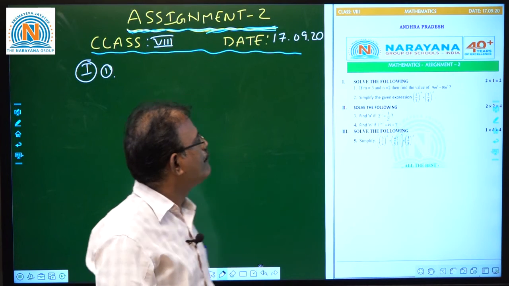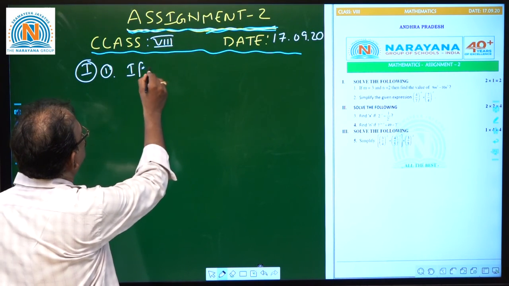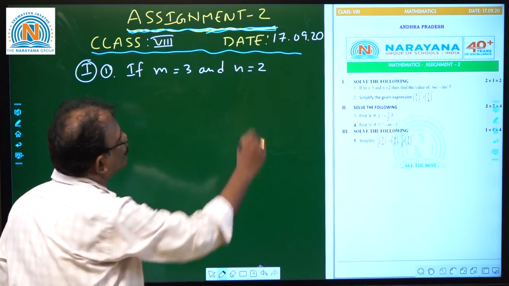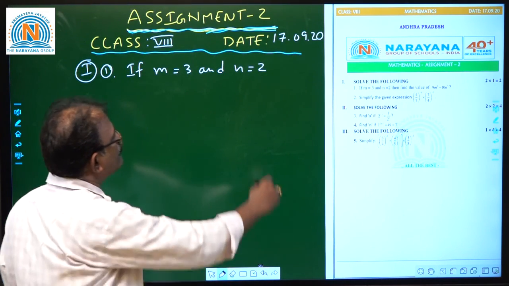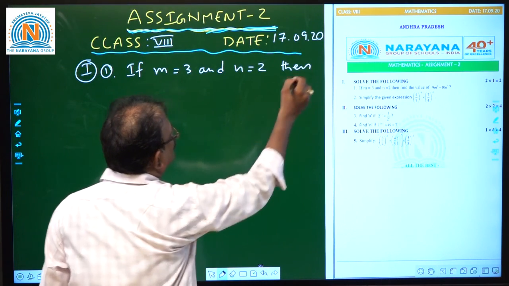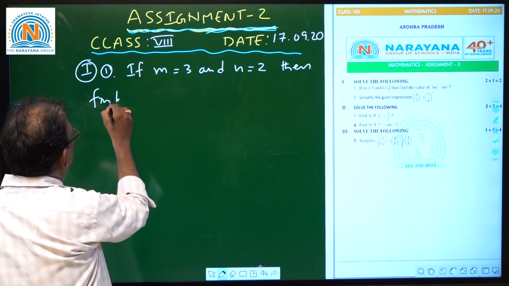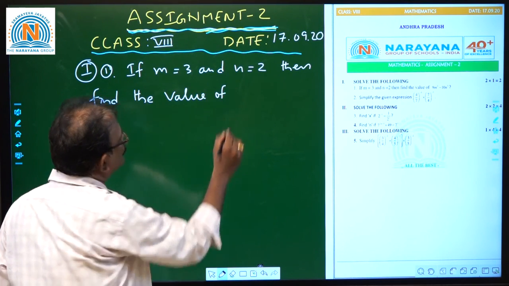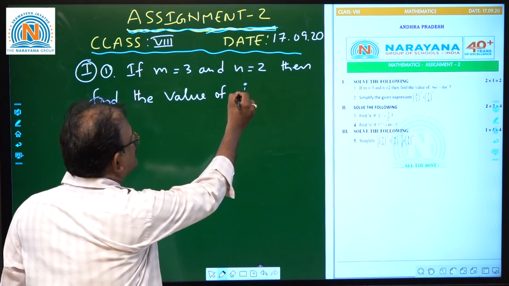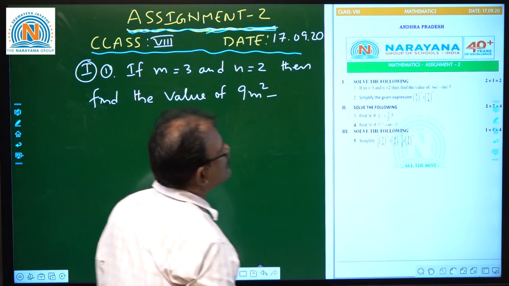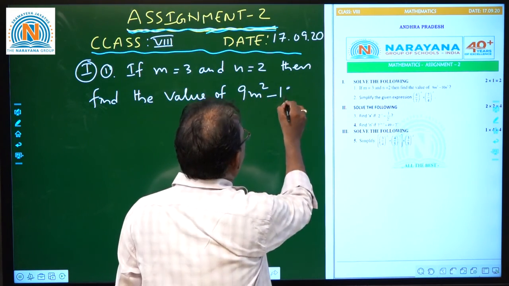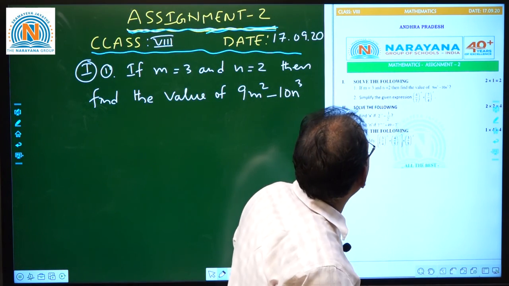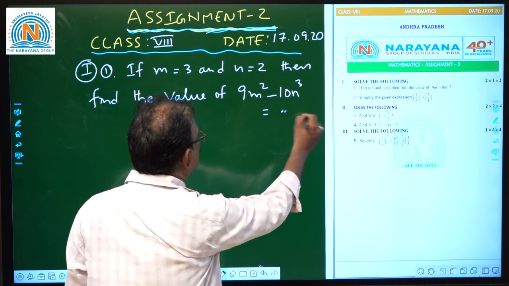Solve the following. If m is equal to 3 and n is equal to 2, then find the value of 9m square minus 10n cube. 9m square minus 10n cube is equal to dash.